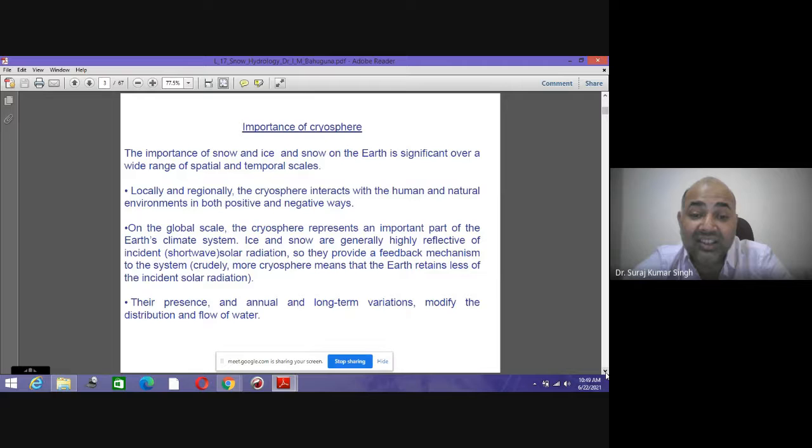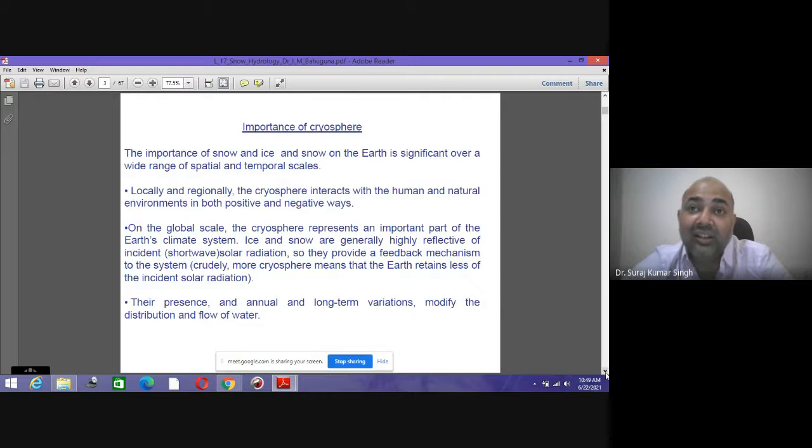Locally and regionally, the cryosphere interacts with the human and natural environment in both positive and negative ways. Because we are talking about snow, glaciers, so that is having a positive and negative effect both locally and regionally.